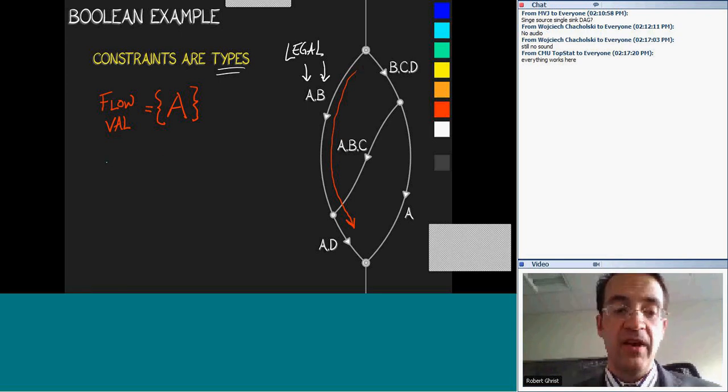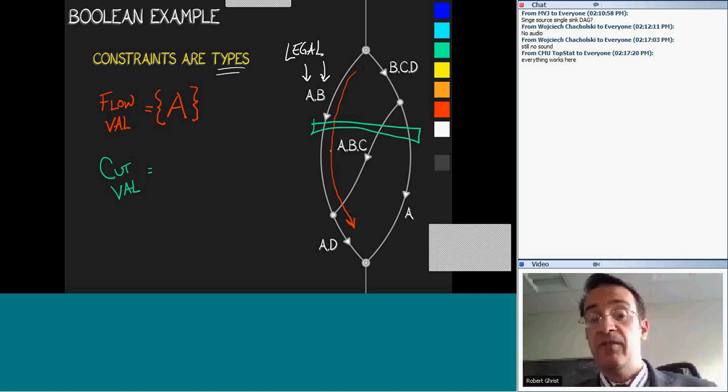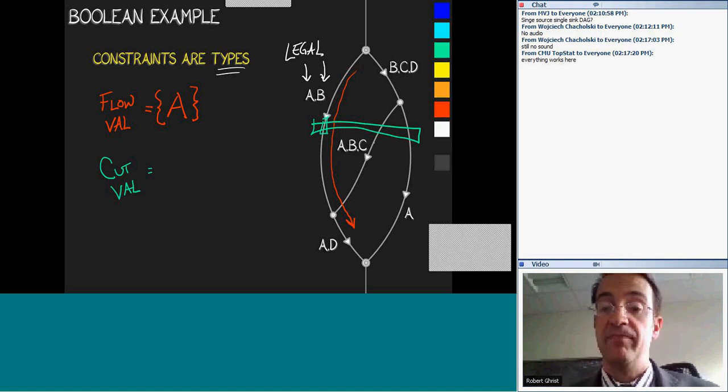Now, here's the thing. If you start looking at cuts, you might be tempted to say, what is the minimal cut? Well, if I take these edges, then I'm putting together these, where in this case, addition is union, and intersection is the corresponding dual algebraic operation.